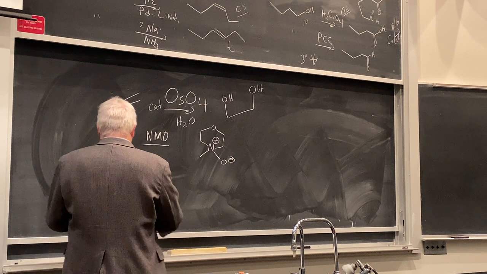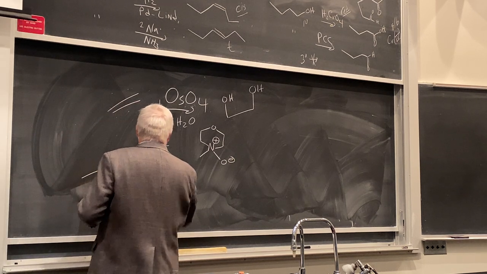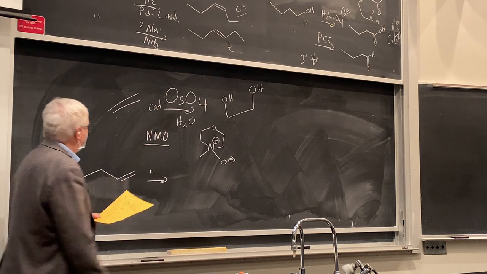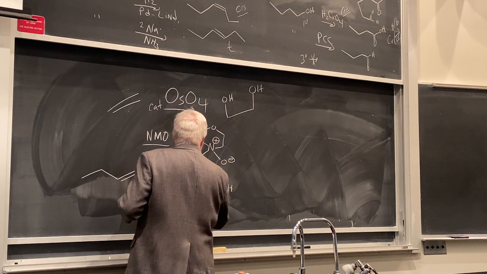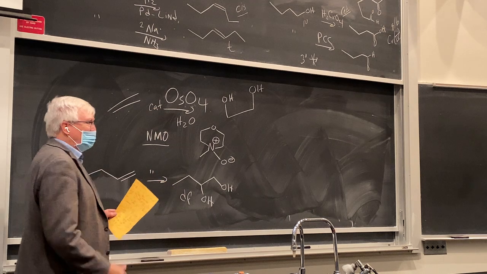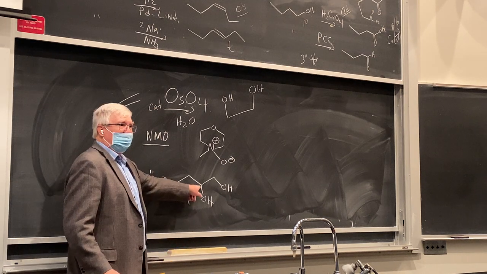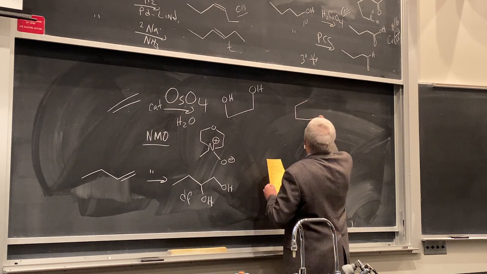So, and let's see. So a couple of reactions here. How about this one? Same thing, osmium tetroxide. What are we going to get? The diol. There is a stereocenter, right? So it'll be DL at that point. Okay, and where is the stereocenter? Right there. Not out there. How about this one?